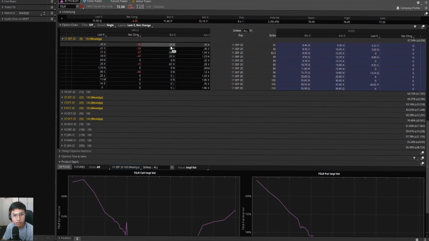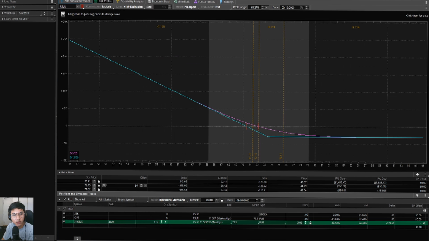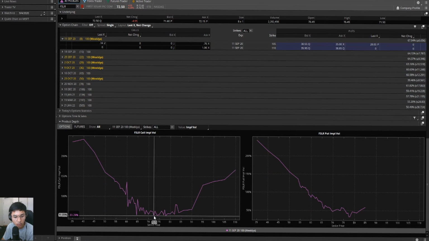The way I use implied volatility is when I look at my entry, 73.67, to exit at 76, so 73 to 76, around here. As we can see, implied volatility at 73 is decreasing, as you can see below here. The pink percent is how much percent on that 73.